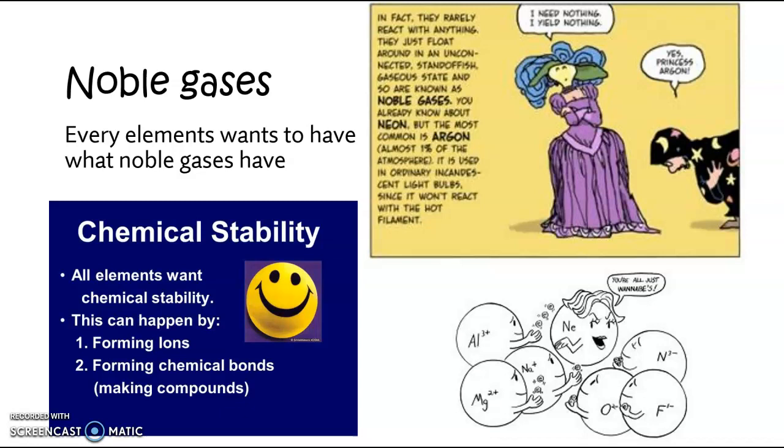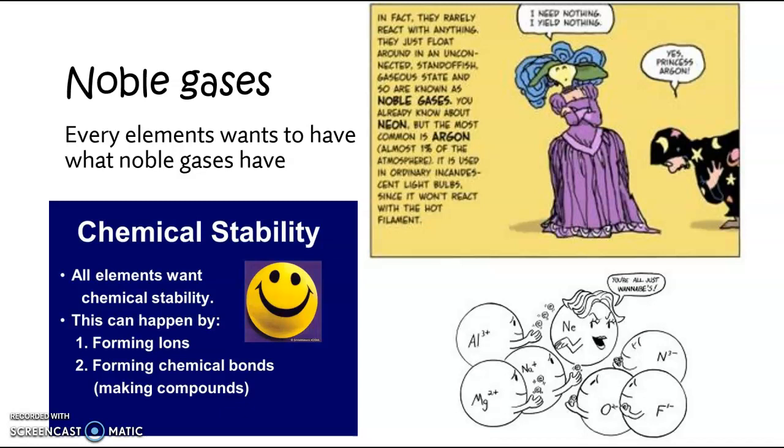So for instance, if the outer shell is the first shell, which is shell number 1, it will be filled with 2 electrons. So if an element has only one shell, it will be stable if this shell contains 2 electrons.